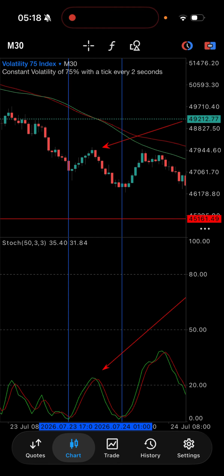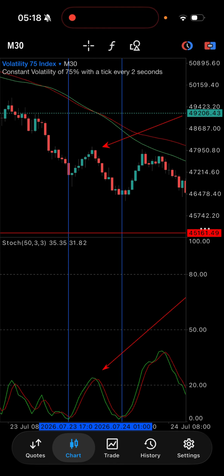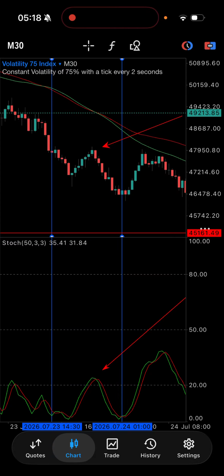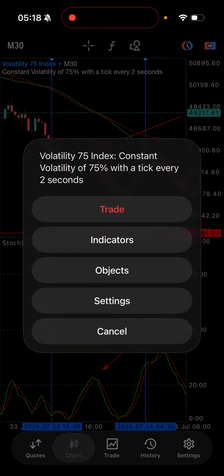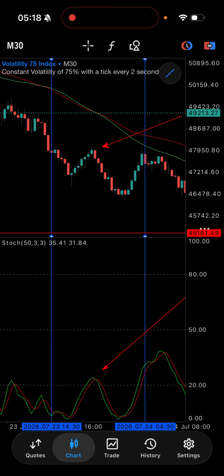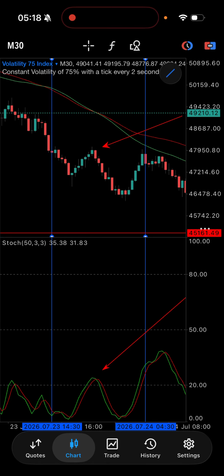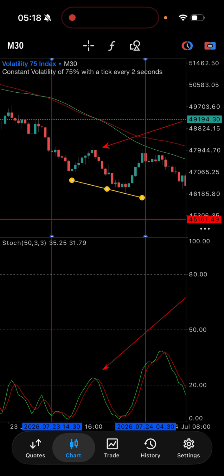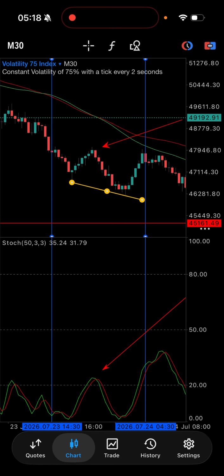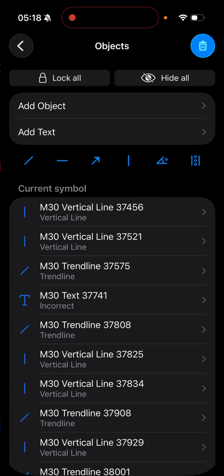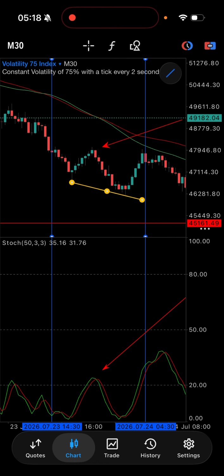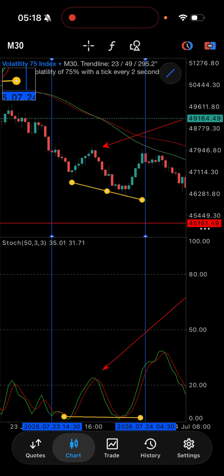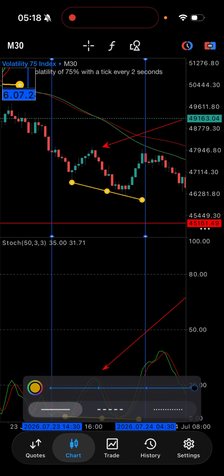You see, this is a good example of what I just talked about the other time. We have this low here. You can see, then we have something like that here too.